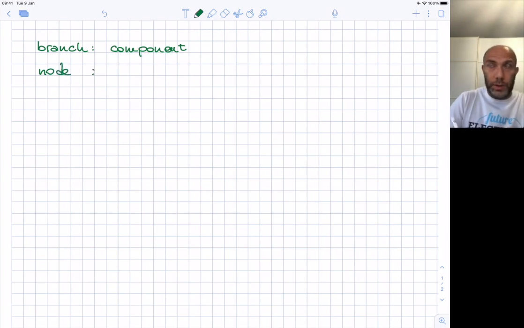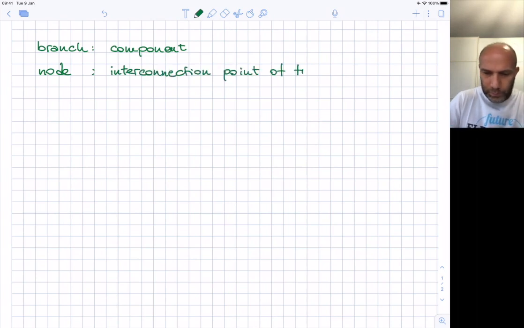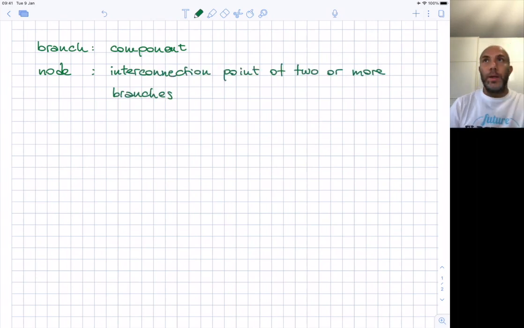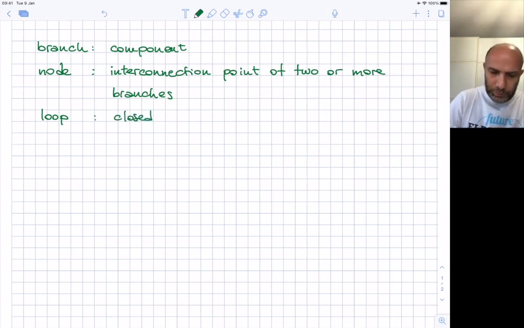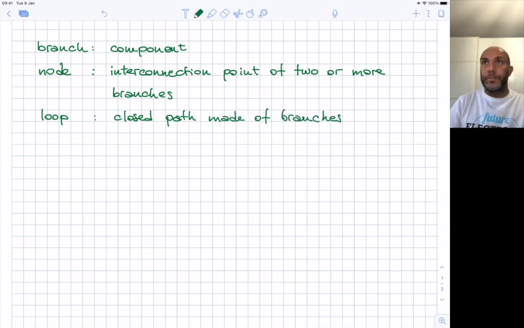For node, we consider the interconnection point among two or more branches. Then I want to introduce the concept of loop. A loop is a closed path made of branches. And finally, the concept of mesh as a loop that does not contain any loop inside.